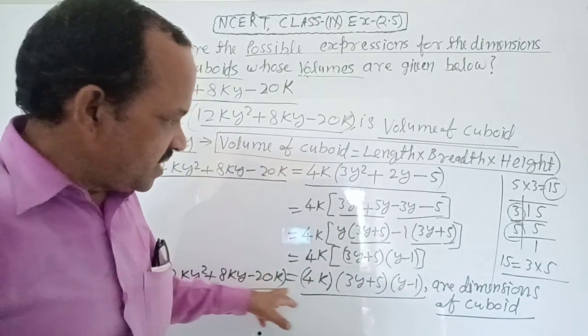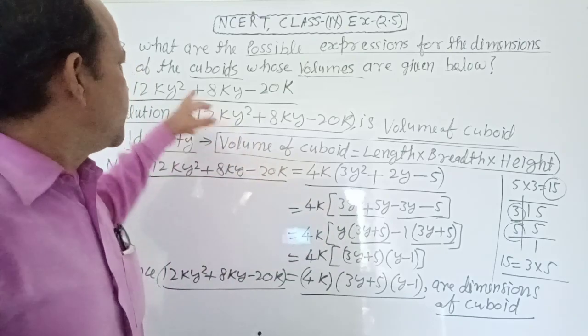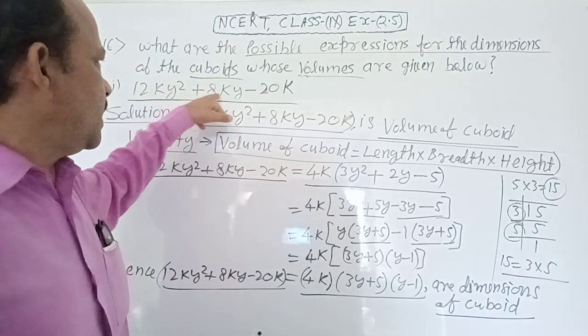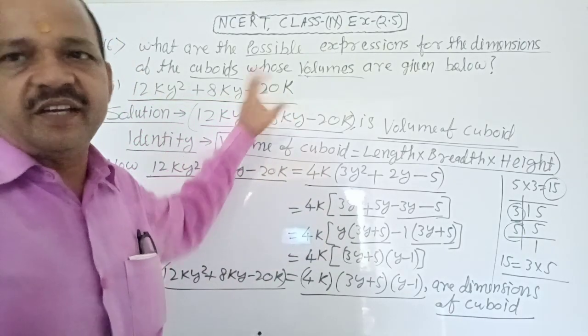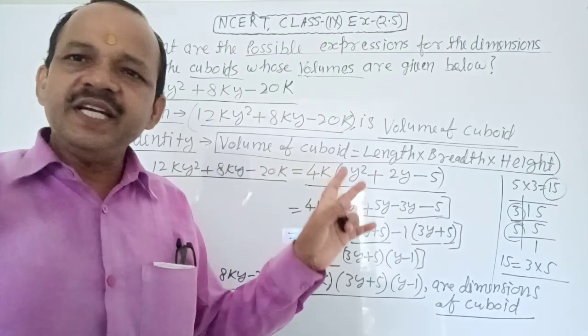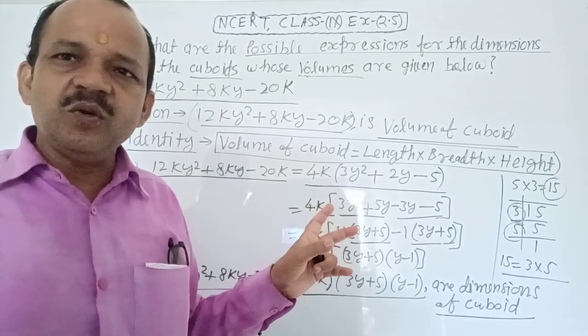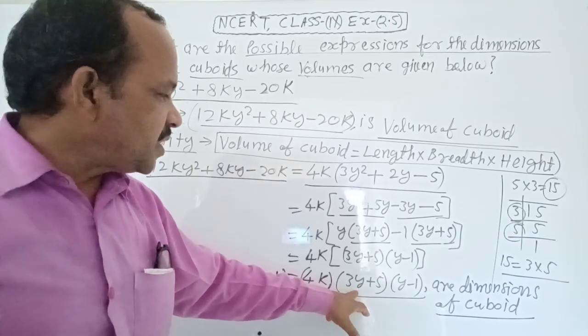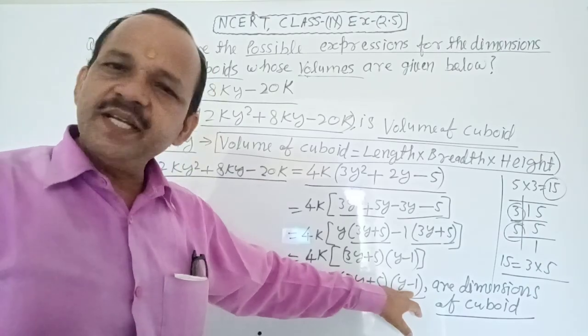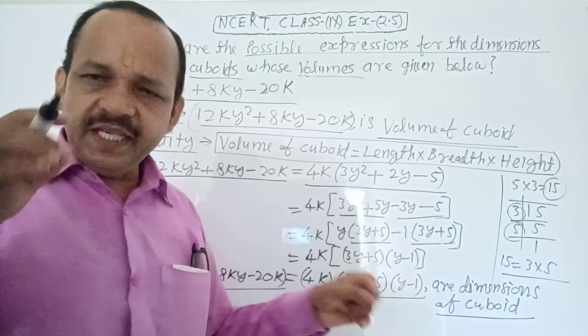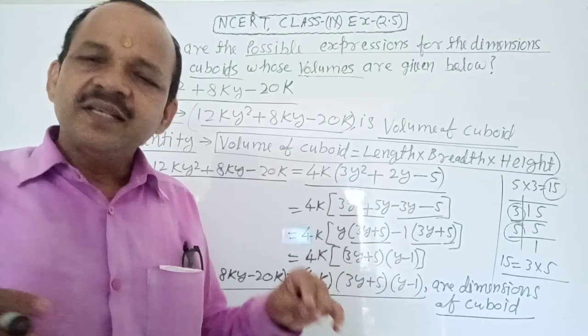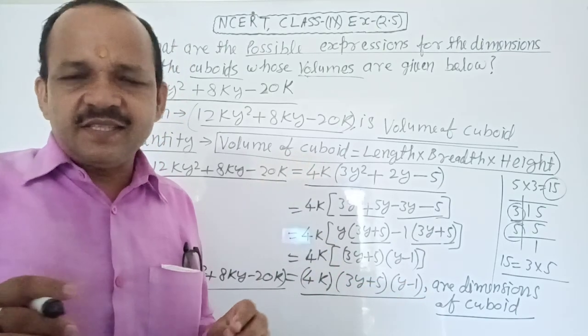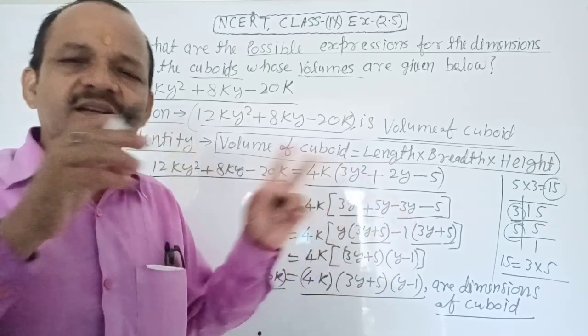You find the dimensions of the given cuboid 12ky square plus 8ky minus 20k. It is clear? No confusion about it. Here are 3 factors: 4k, 3y plus 5, y minus 1. One is length, second is breadth, and third is height.